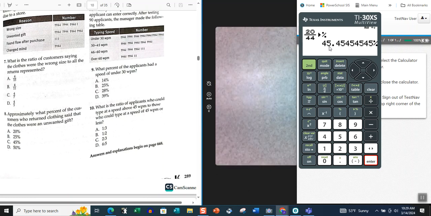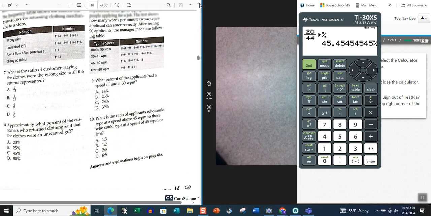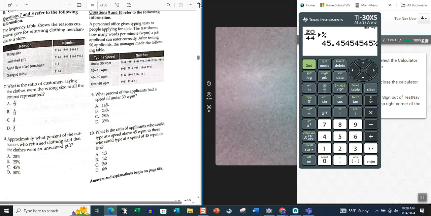All right, now we move on to problem number 9. Well, problems 9 and 10. It says questions 9 and 10 refer to the following information. A personnel office gives typing tests to people applying for a job.